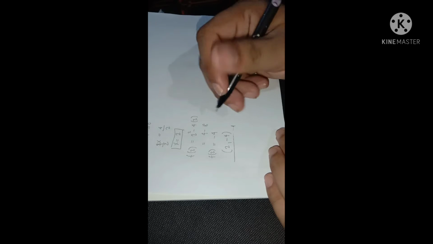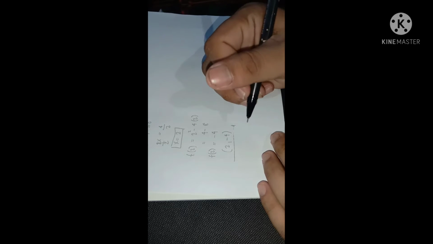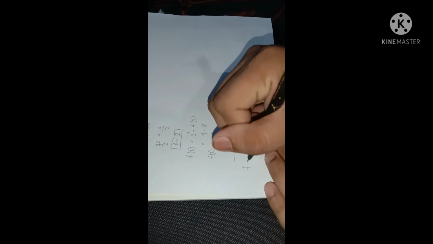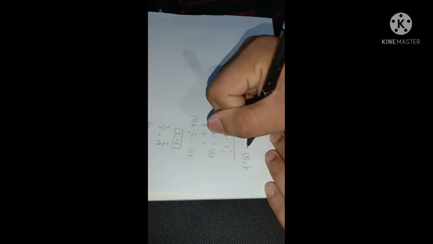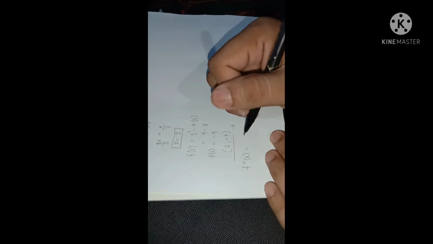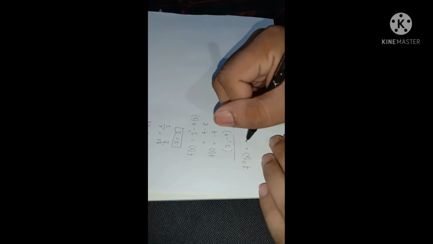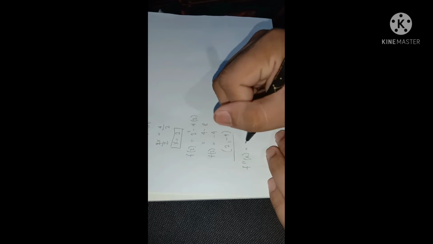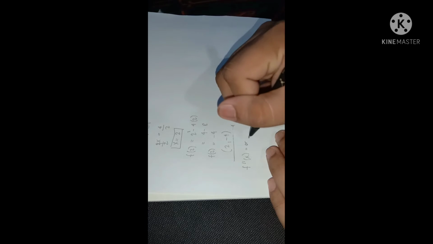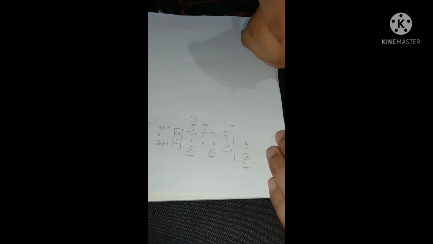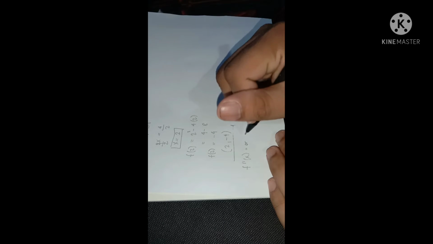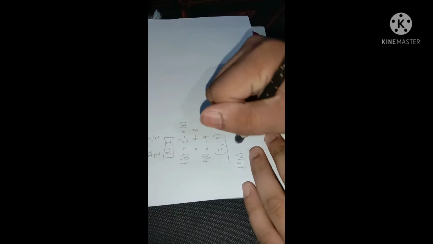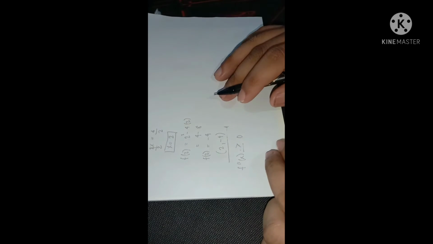To find out if this is a maxima or minima, we need to get the second derivative. If the second derivative is less than 0, we have the maximum.